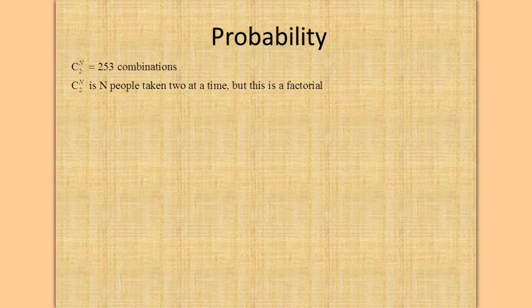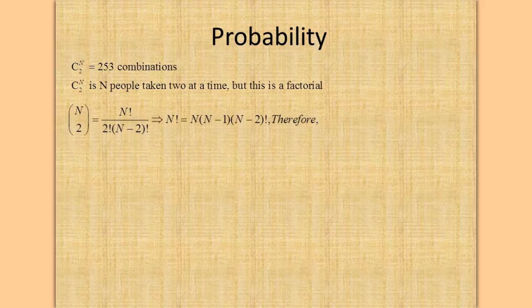Okay, so let's do that. As I said before, 253 is the number of combinations. The combination n choose 2 is n people taking 2 at a time, but this is a factorial. N choose 2 is written as n factorial divided by 2 factorial times the quantity n minus 2 factorial.